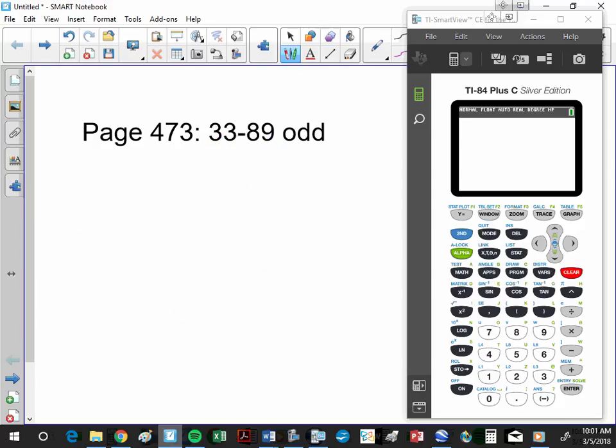78. The cosine of theta equals 0.7071, and the terminal side of theta lies in quadrant 4. Find the smallest possible measure of theta if the indicated information is true. So, where am I? We're in quadrant 4, right here. And I want to know the cosine of theta is equal to 0.7071. What is the angle?